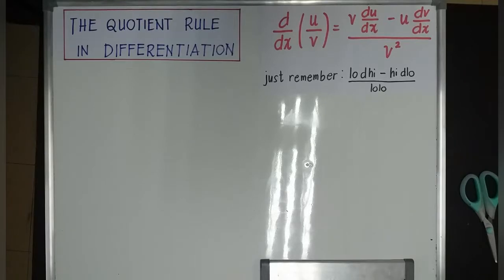We are now going to deal with another exciting lesson in differentiation that talks about another rule, which is the quotient rule. So let's start. What is the quotient rule?